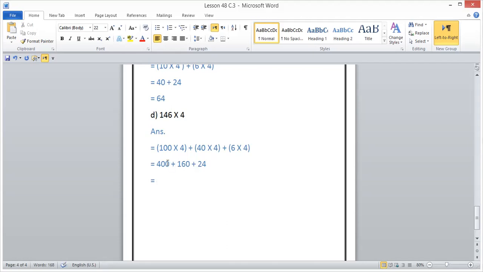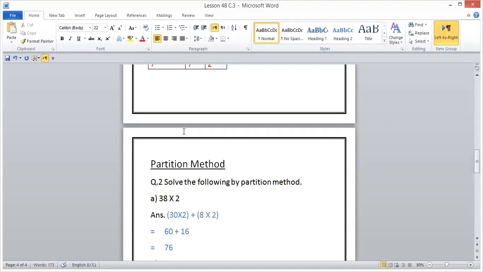So 400 plus 160 is equal to 4 plus 1, 5, and then 60 will be the same because there are 2 zeros. So it will be 560. 560 plus 24. In 560 you have to add 24. 5 will remain the same. 6 plus 2, 8, and 4 will replace 0. So it will be 584. You can check the answer of D here.